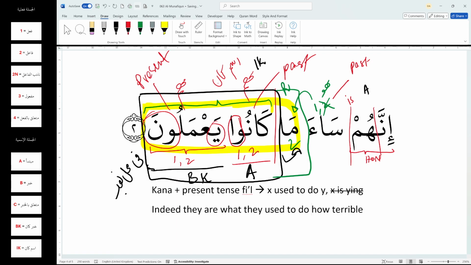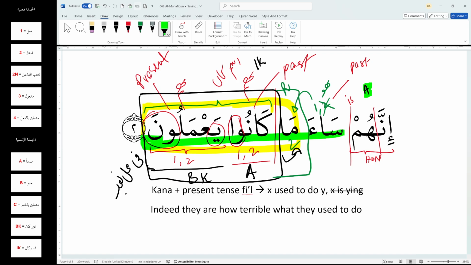So when you have a fi'l, let's go back here. Let's understand this soft point. So when you get a mubtada in a jumla ismiya and you are looking for a khabar which has to be an ism, but instead of an ism you get a full jumla fi'liya, now this full jumla fi'liya is the khabar of innahum.